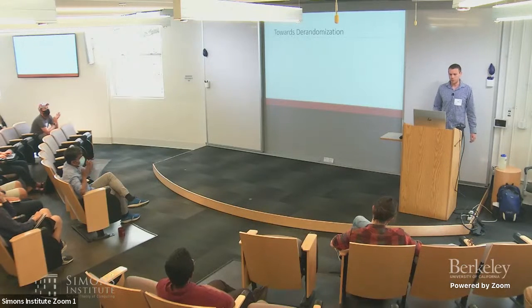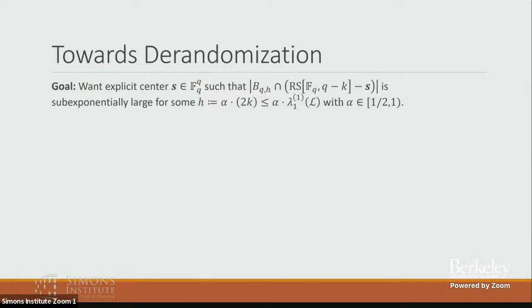So, how can we de-randomize this? This is already kind of the discussion in the previous slide, just summarizing it. We want to find some explicit good center S such that there are many vectors in BQH in this coset of the code, or say around that center.